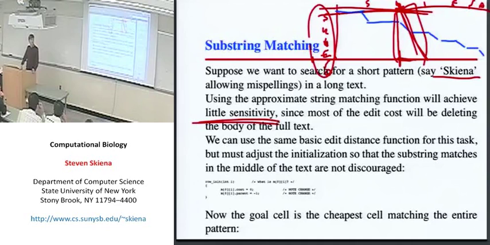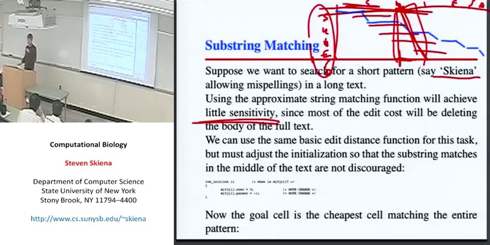Yeah? You're saying slide Skiena, put Skiena here, then put Skiena there, put Skiena there. Well, maybe, but it's sort of the right idea, and not quite, because you don't know where Skiena ends. For exact string matching, you knew where Skiena ended.